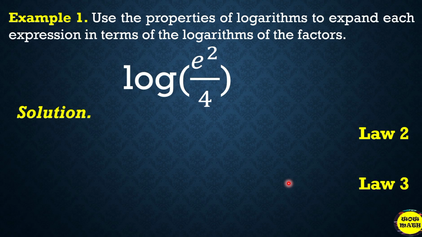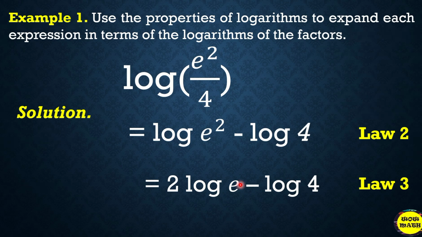So using law number 2, una munang gagawin natin, that is log e squared minus log 4. Ima-minus muna natin. And after that, since may exponent pa tayo in this term, we need to use law number 3. So that is 2 log e minus log 4. So this is now the final answer.